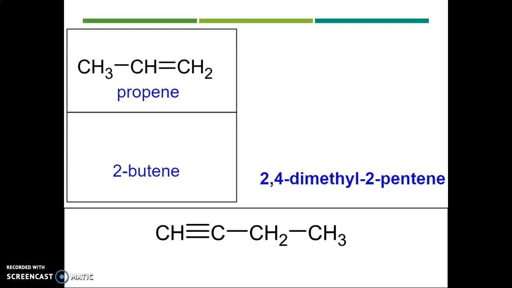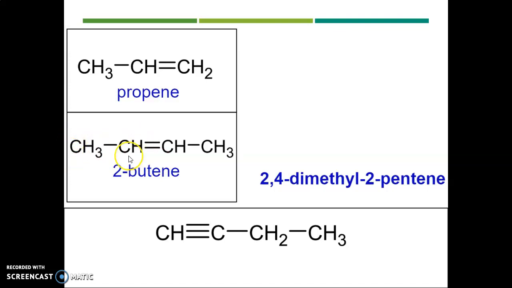If we look at 2-butene, we've kind of done this one a little bit before, but but tells me that there are 4 carbons. Ene tells me that there is a double bond, and it also tells me where the double bond is. It's on the second carbon. It starts on the second carbon and ends on the third carbon. So you should have a structure that looks a little like this.